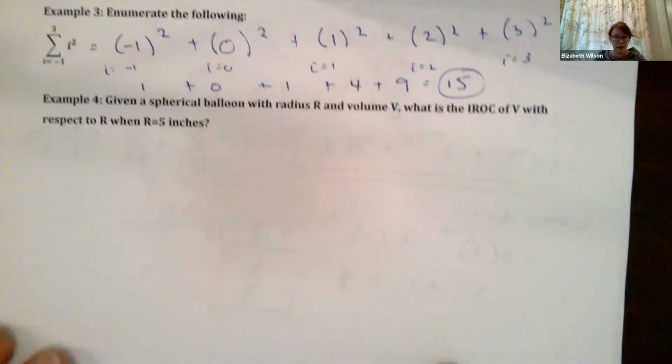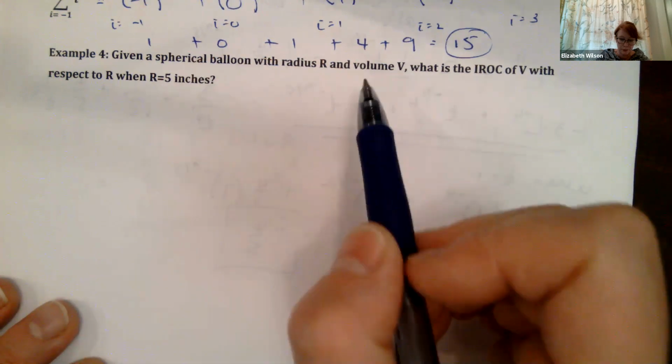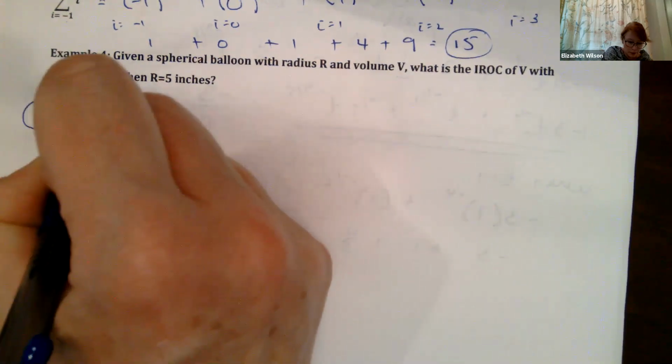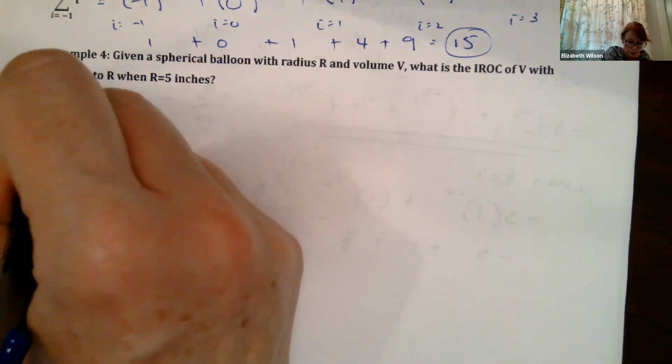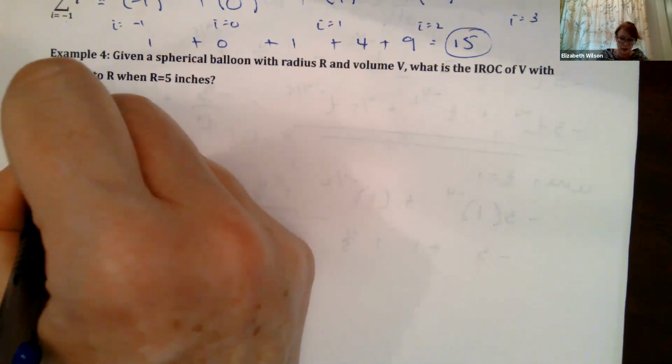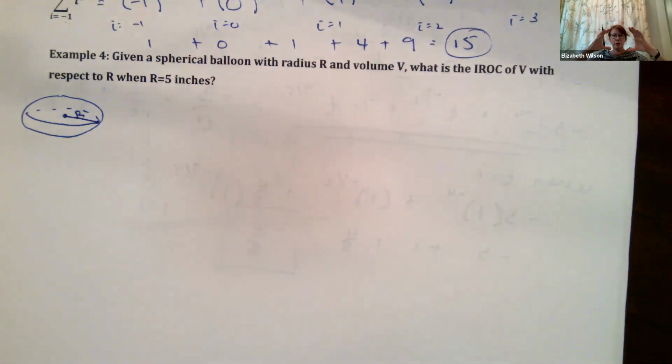So example 4, spherical balloon with radius r. So remember our sphere, our radius r. Imagine I've got this balloon and I'm blowing it up, so the volume is changing, the radius is changing. We want to know the rate of change of this volume and radius.